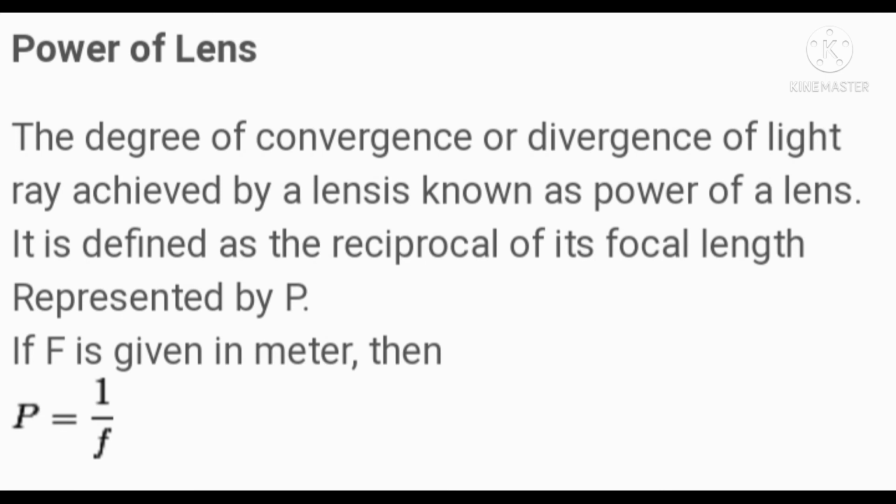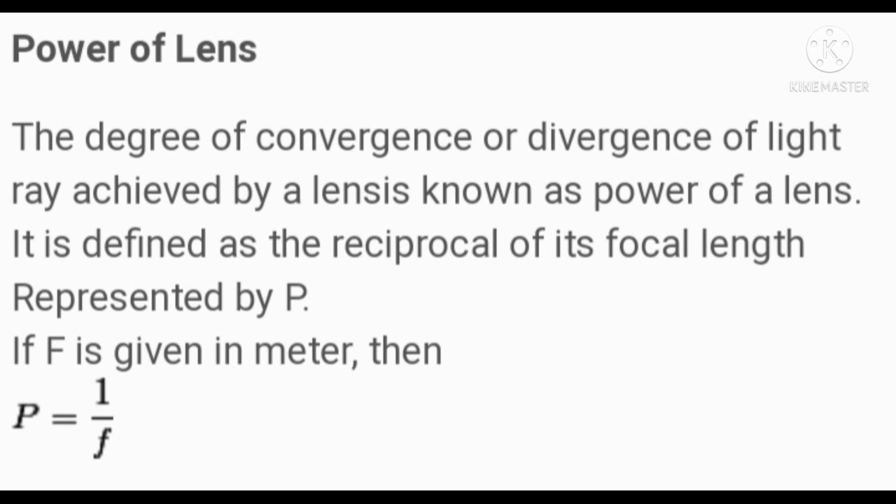It is defined as the reciprocal of its focal length. That means power is nothing but the reciprocal of focal length, and it is represented by capital letter P. Clear? Power of lens is defined as the reciprocal of its focal length.